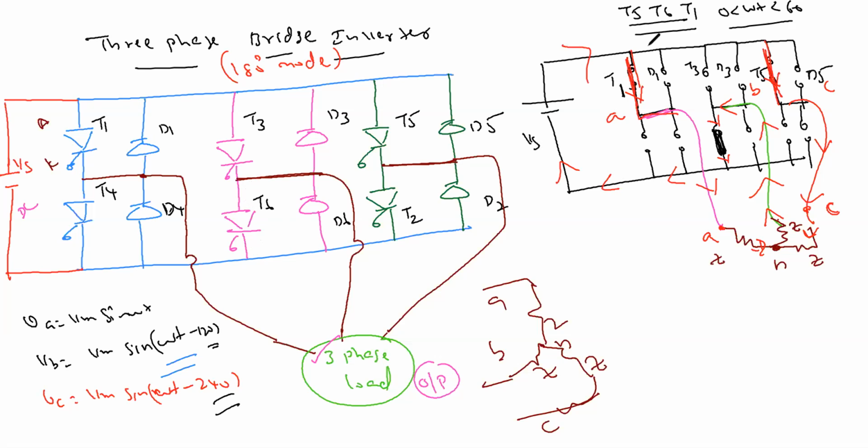Current comes from outside, anode to cathode, and since this one is on, current goes into the load. Similarly, current goes through the upper one to the load. Both currents come here. So this B phase goes up through the SCR, then down through the SCR to the load. Did you understand, guys? Yes, sir.